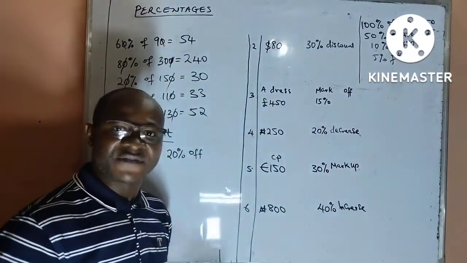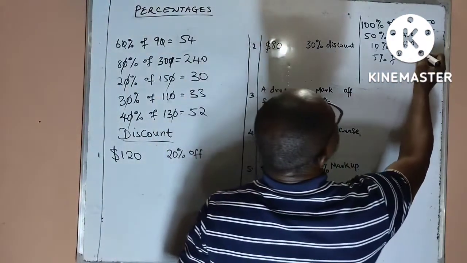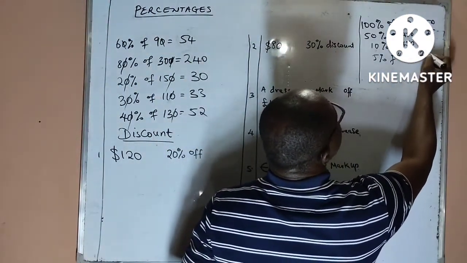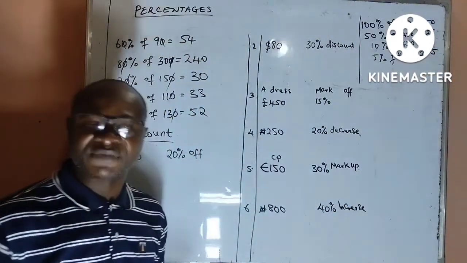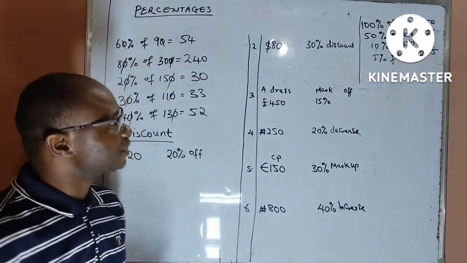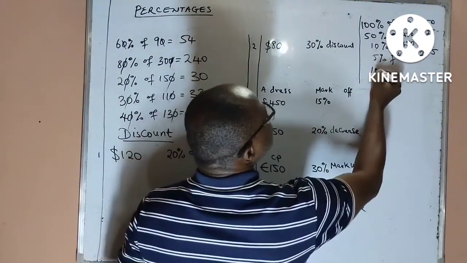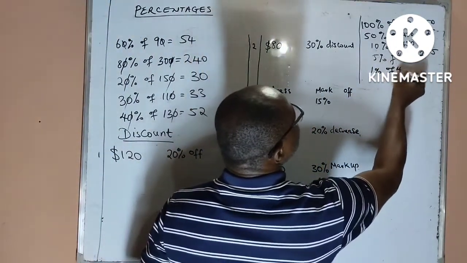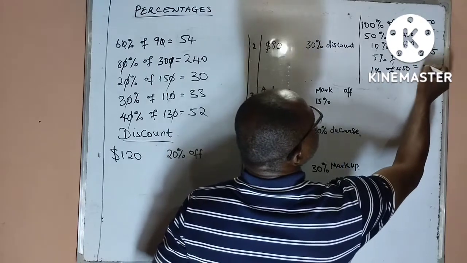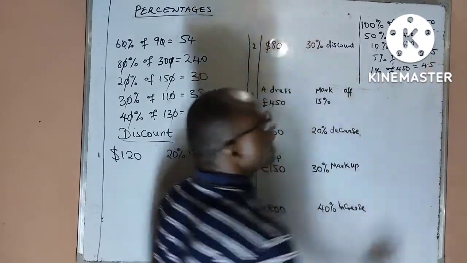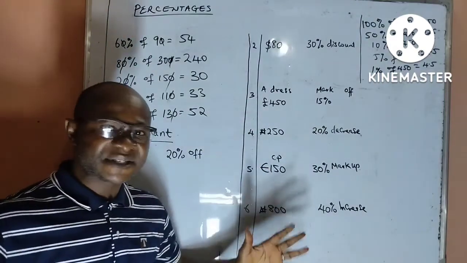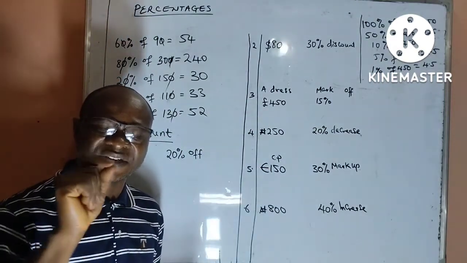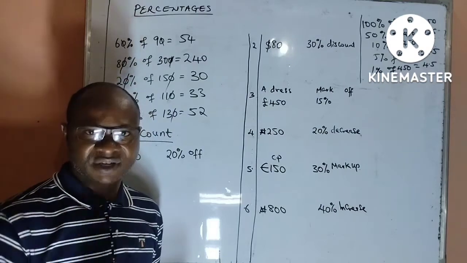And when I divide 45 by 2, I am going to get 22.5. Beautiful. Lastly, 1% of 450 is going to give us 4.5. That is, 1% of any number is divide that number by 100.